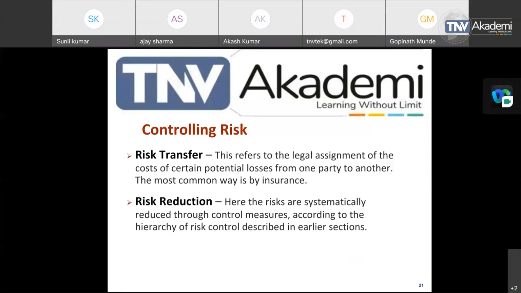And the fourth one is risk reduction. Here the risks are systematically reduced through control measures according to the hierarchy of risk control described in an earlier section. So risk reduction can be done through the installation of control measures.